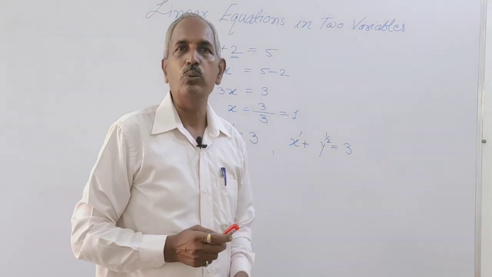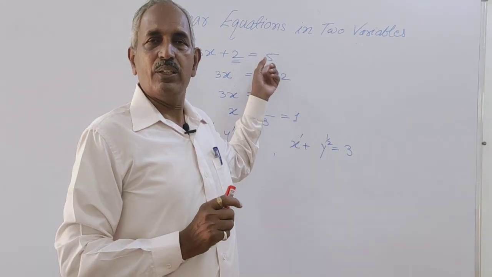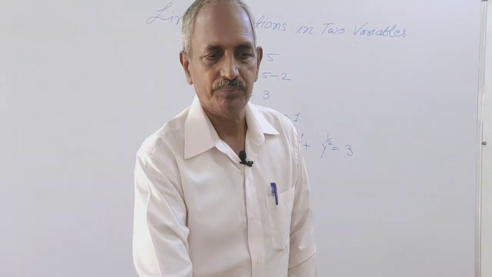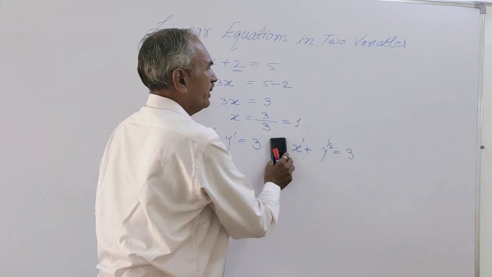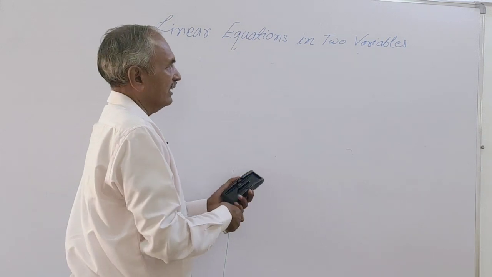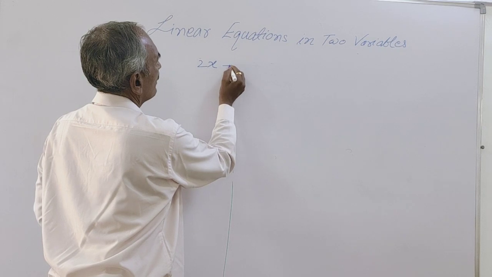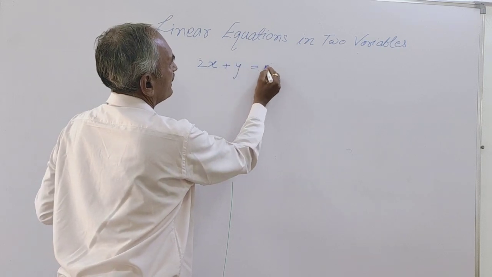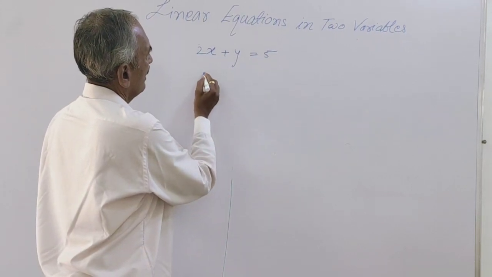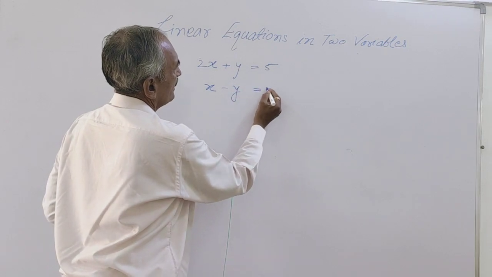Now we are going to learn how to solve linear equations in two variables. Okay? So I will write two equations in two variables. One equation I will write as 2x plus y is equal to 5, and another equation x minus y is equal to 1.